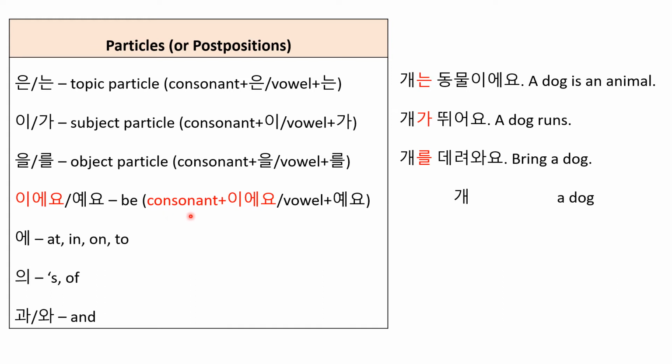After a consonant, use 이에요. After a vowel, use 예요. Because 개 ends with a vowel, use 예요. 개예요. Is a dog.